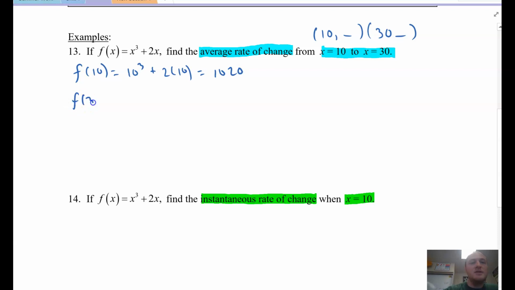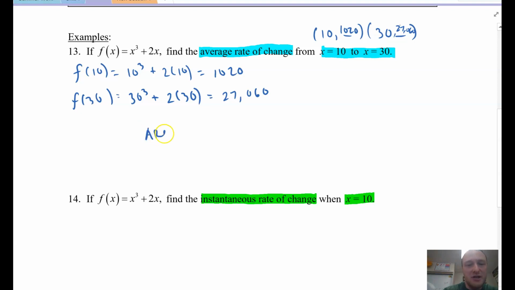Then I'm going to plug in 30, so 30 cubed plus 2 times 30, and this gives us 27,060. So I found my two values.